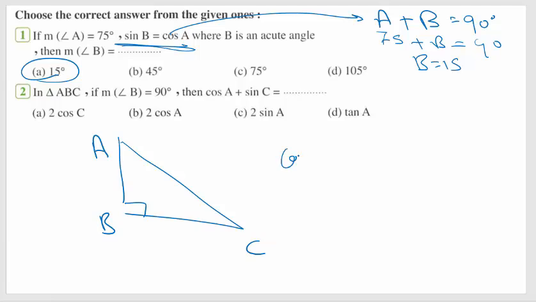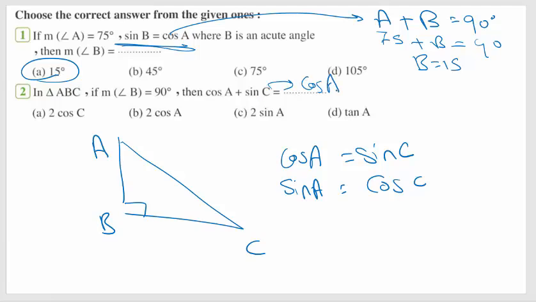Then cosine A equals sine C and sine A equals cosine C. So I can replace sine C by cosine A. So it will be cosine A plus cosine A, which is 2 cosine A.